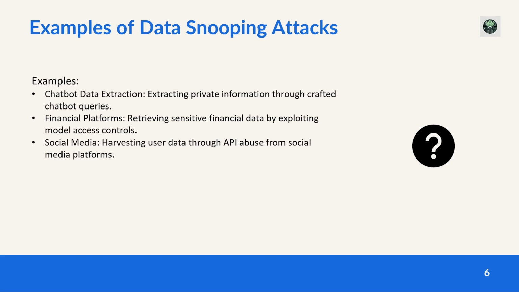Social media platforms are often frequent targets as well, where the APIs are going to be abused to harvest user information on a relatively large scale. These examples demonstrate how data snooping can occur in different environments, from financial services to everyday social networks, posing a risk to individuals and organizations in the long term.